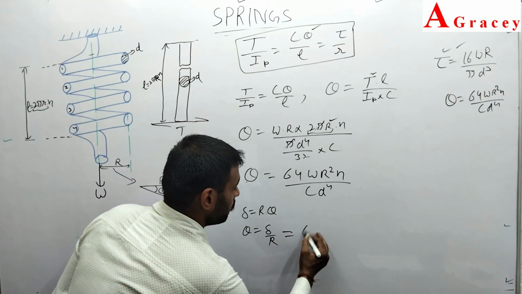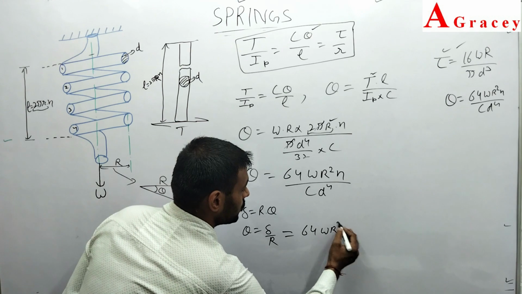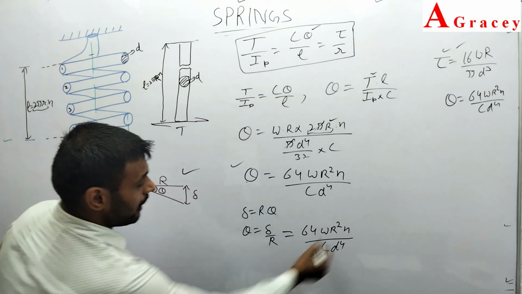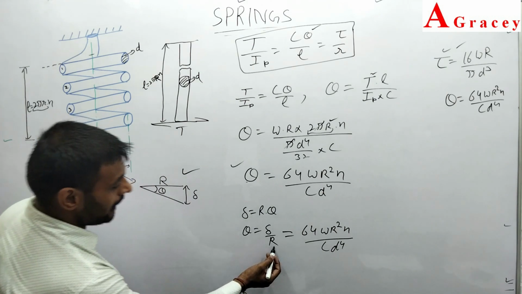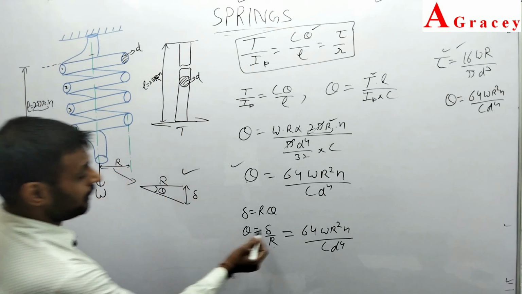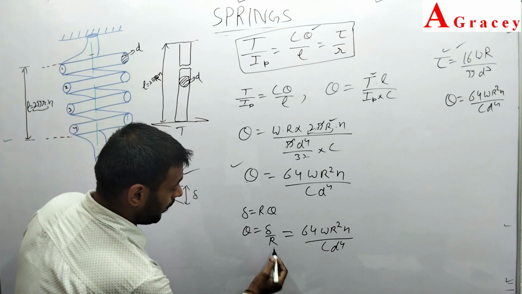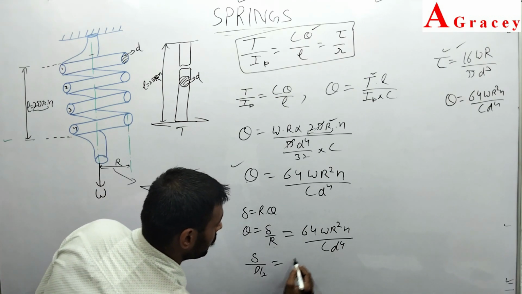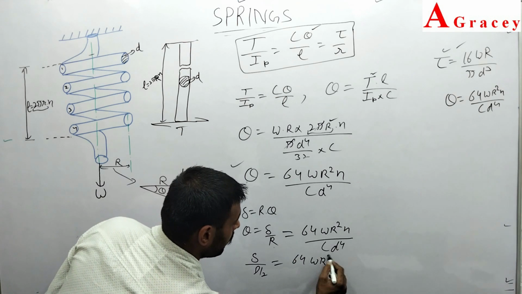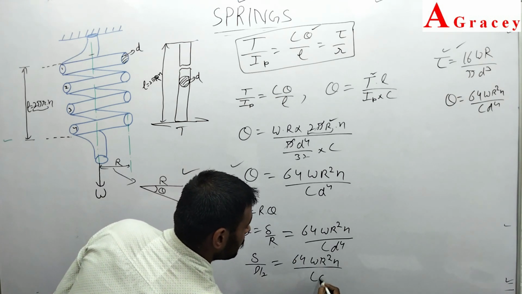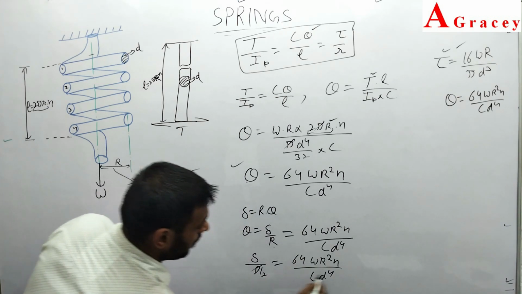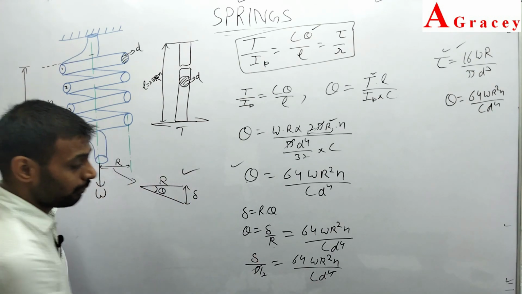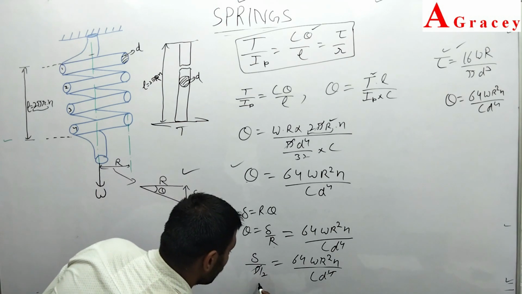So when I equate these terms, 64 WR²n divided by Cd⁴, with R being the mean radius, I take δ by d by 2 is equal to 64 WR²n divided by Cd⁴. You can cancel out d to d, and it will become 2 here, so it will be 32.